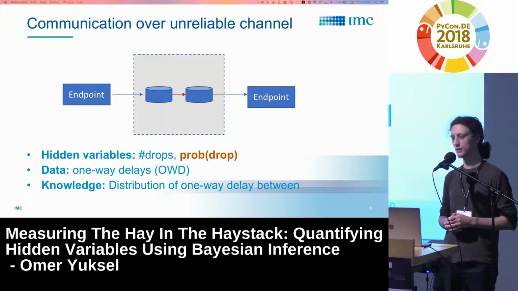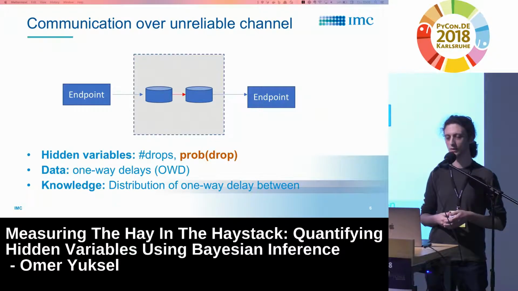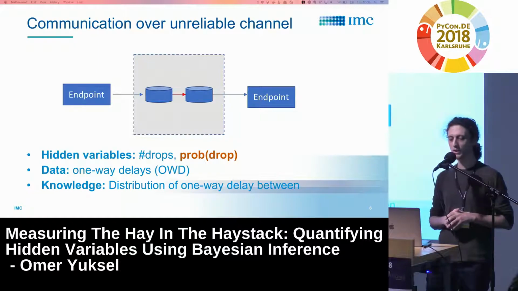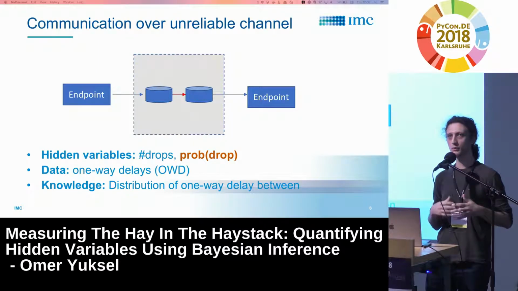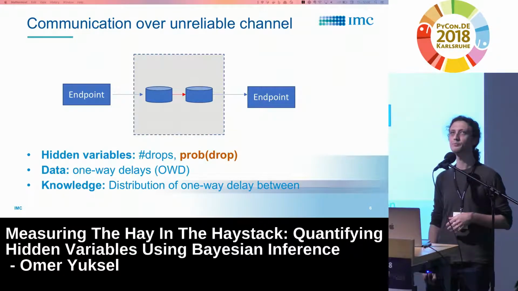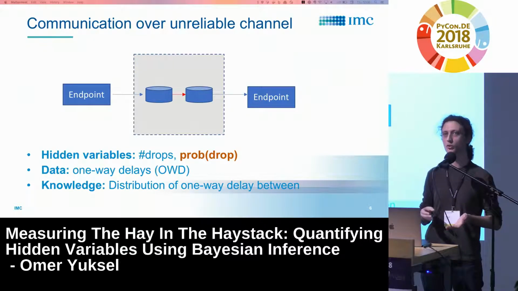And the data we know is, for maybe 10,000 messages, how long it took from endpoint A to endpoint B. And we also have expert knowledge on how much time it should take between these hops in the network. So we don't know individual cases, but we know how the system should behave. We know the underlying distributions behind it.